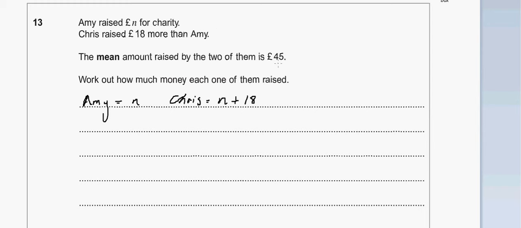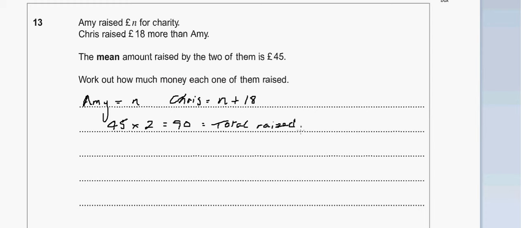That's going to be twice as much as that, because that plus that will give you an amount, and that amount divided by 2 gives you 45. So 45 multiplied by 2 equals 90, which equals the total raised.